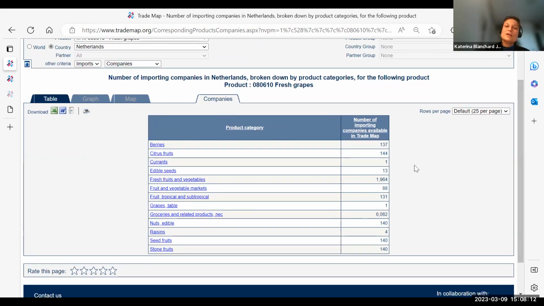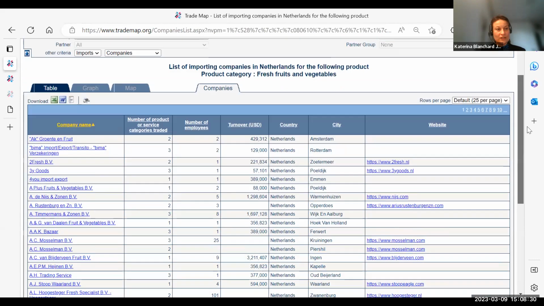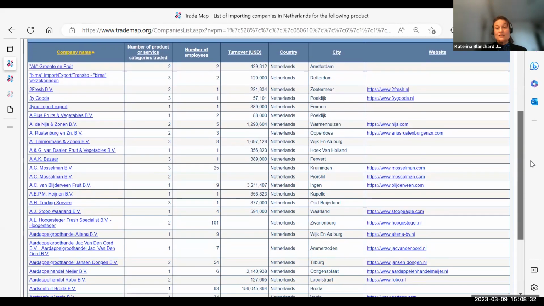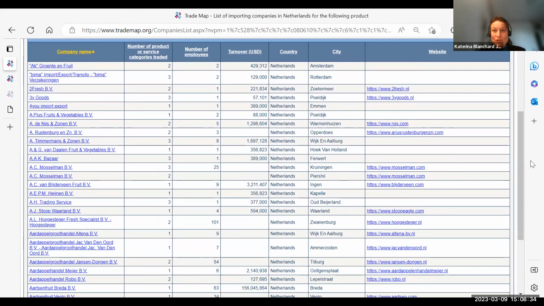So if the Peruvian producer of grapes is looking for a partner in the Netherlands, we can click here. We can select, for example, fresh fruits and vegetables, and we see the importers and distributors of this type of product. So that is also information which Maria can share with her client.